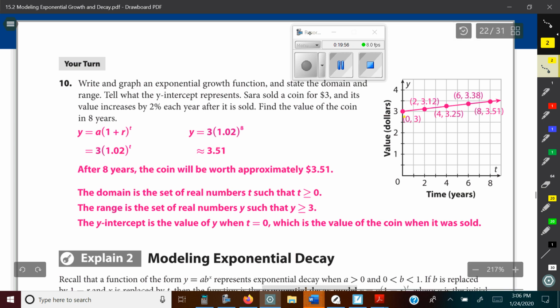So everything greater than 3 going up. T is going this way. All right. Now the y-intercept means the initial value of the coin when it was sold. When she first bought it, it was $3. So at zero it is $3, and that's what the y-intercept represents.